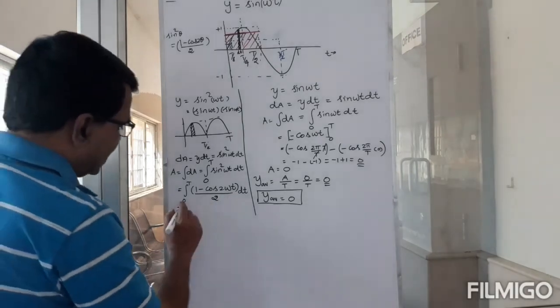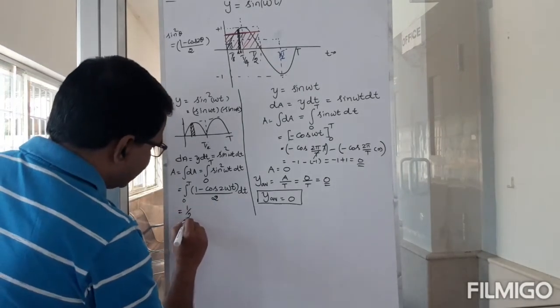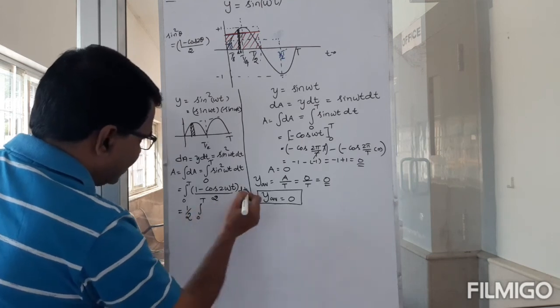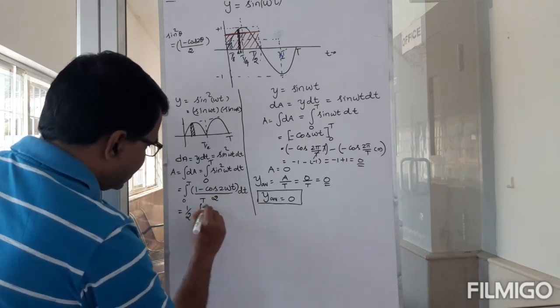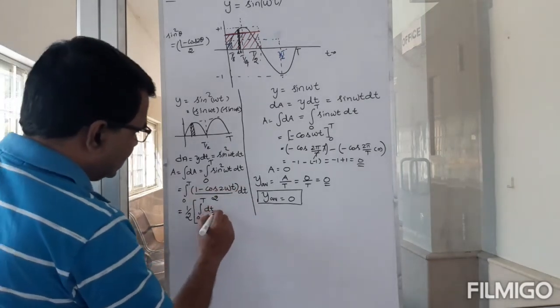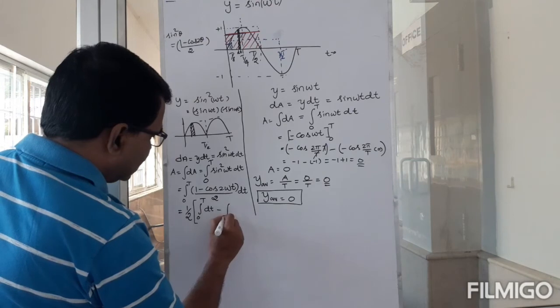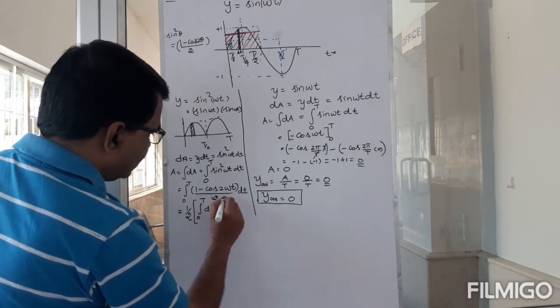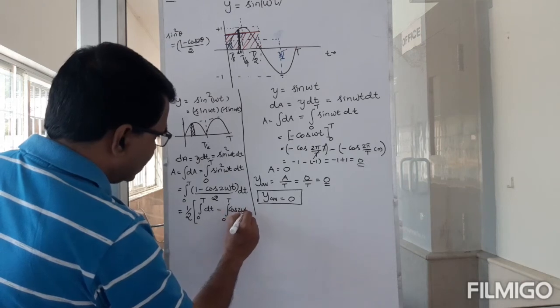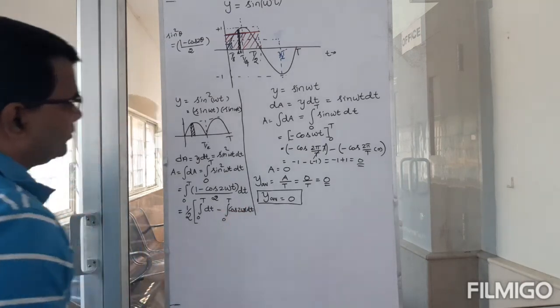Okay, so I can take 1 by 2 out. I got 0 to T. Then if I expand it, it will be just dt, that's one part. And minus again 0 to T cos 2 omega t dt.